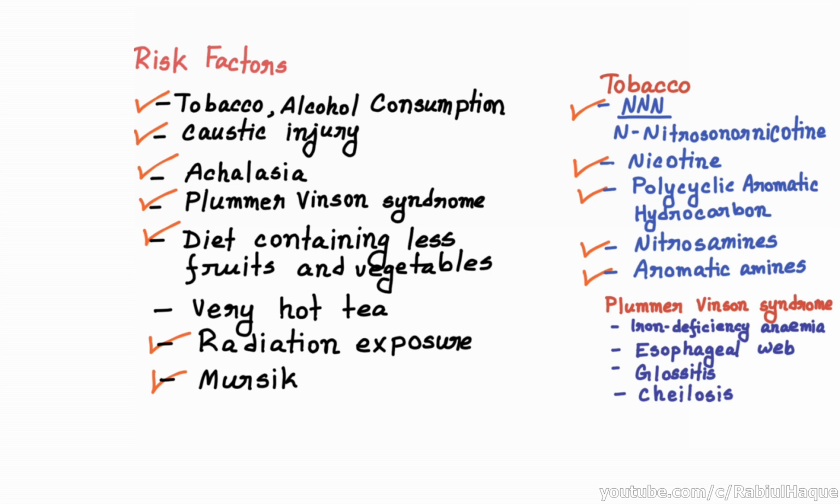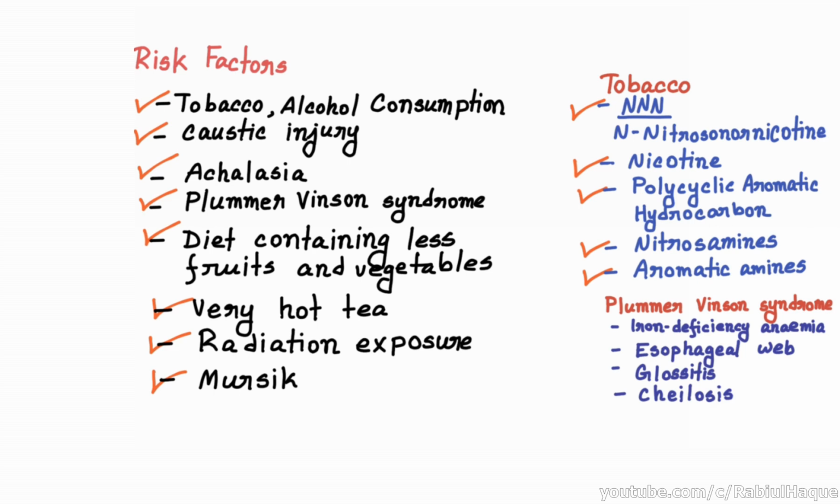So this can result in development of esophageal cancer as well. And the last risk factor is regular ingestion of very hot tea and beverages. In certain countries and regions, there is a habit of regular ingestion of very hot tea and beverages, and this can damage the esophagus, and also in the long run it can result in development of esophageal squamous cell carcinoma.